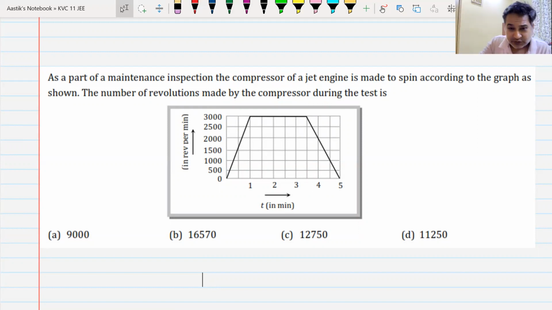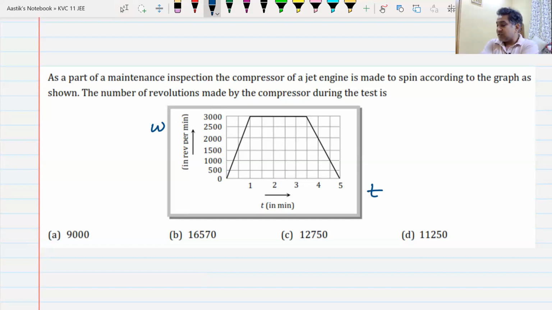When you get these type of questions, stay happy. You should be able to do them if you just remember simple things. How many revolutions is the compressor going to make? So what is given to you is RPM versus T graph. The units are different. Basically, what they have given you is omega versus T graph.